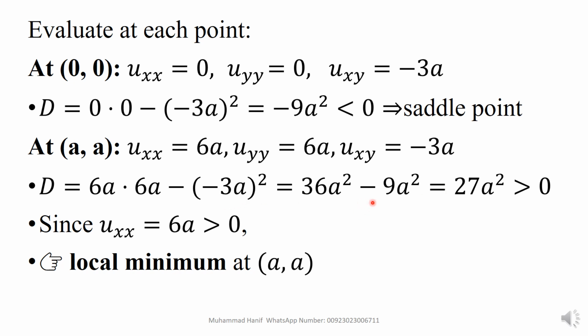Now we simplify, then we get 27a square greater than 0. Since uxx equal to 6a greater than 0, local minimum at a comma a.